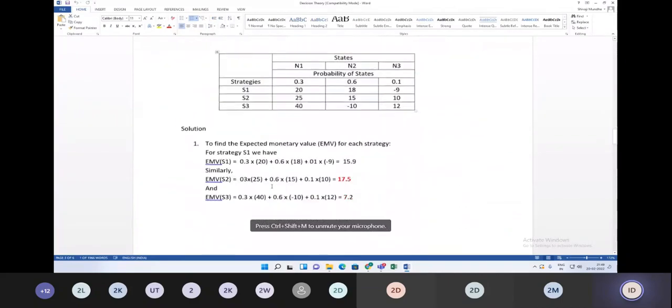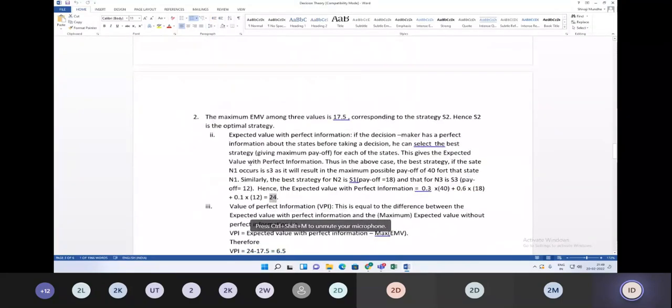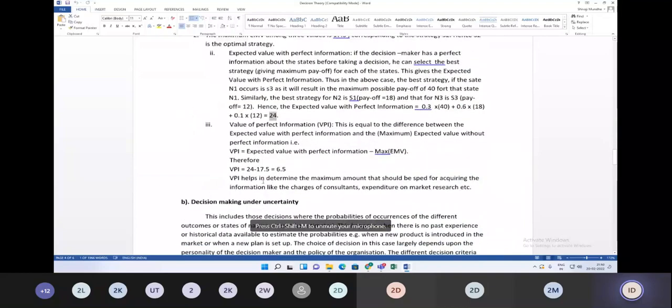Then after calculating the EMV, we have to calculate the VPI as well as the expected value with perfect information, EVPI. Now, the next part is decision making under uncertainty.